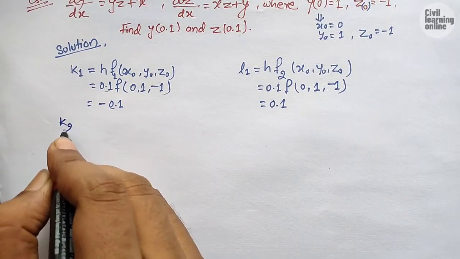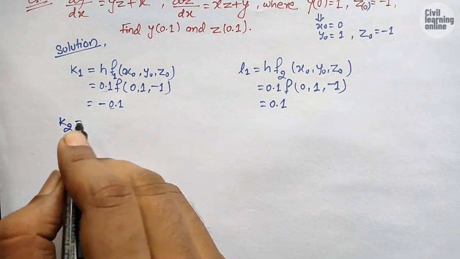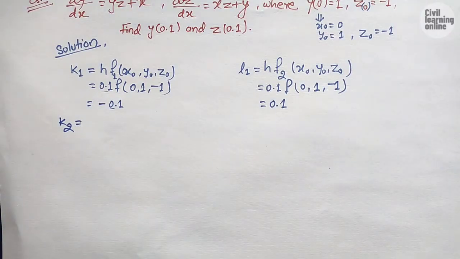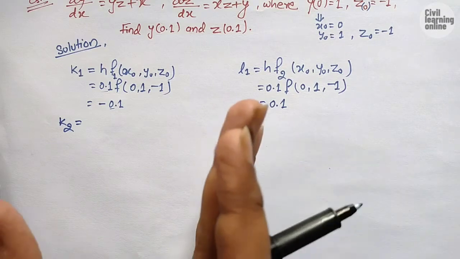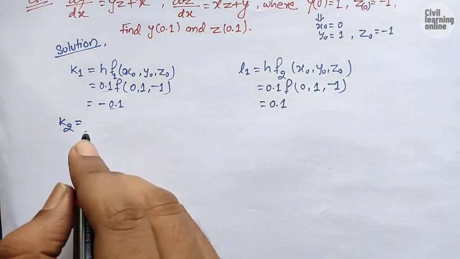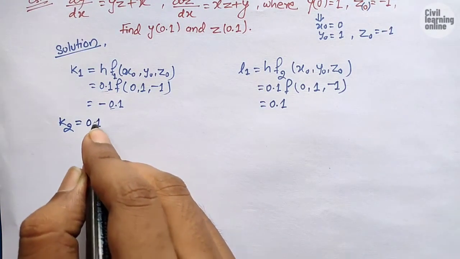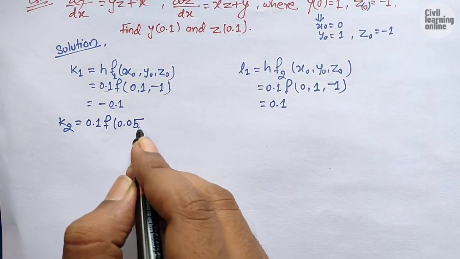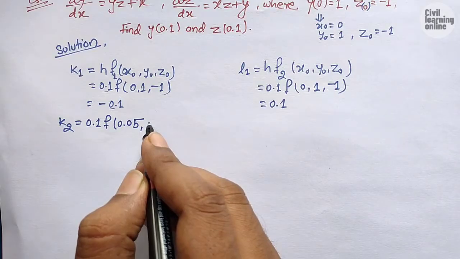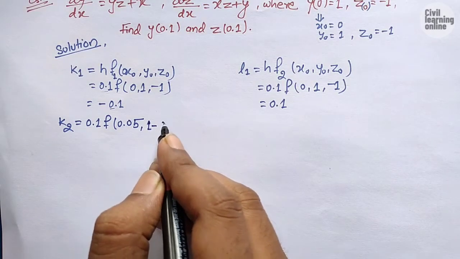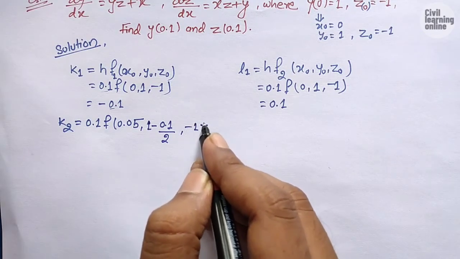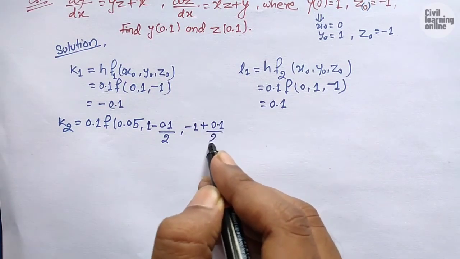Now move to k2, and for k2 we have a formula, and I'm directly putting the values in the formula. You should copy the formula which I discussed at the beginning of the video and go through it thoroughly. So 0.1 f(0.05, 1 minus 0.1 by 2, minus 1 plus 0.1 by 2).